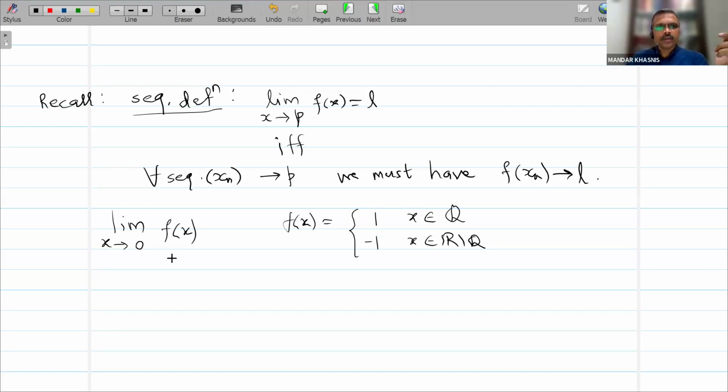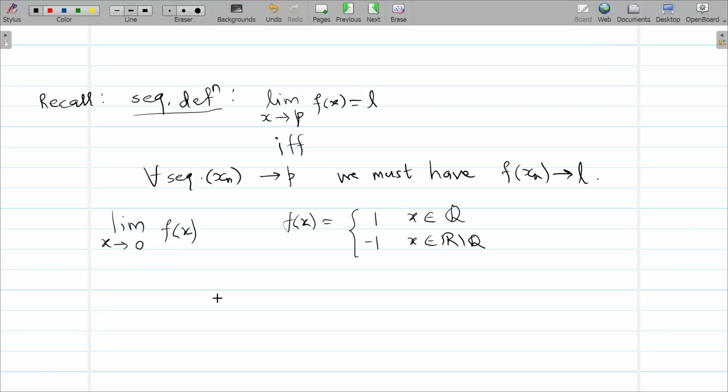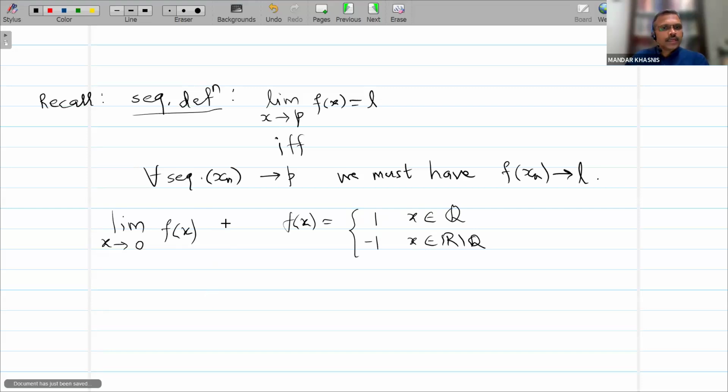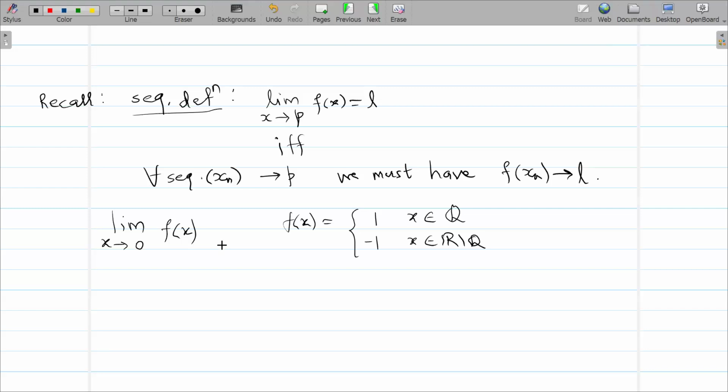What happens to this limit? Does not exist. Correct. And you know how to justify it? Quick justification, one line answer, two lines answer. Why does it not exist? The value is not unique.